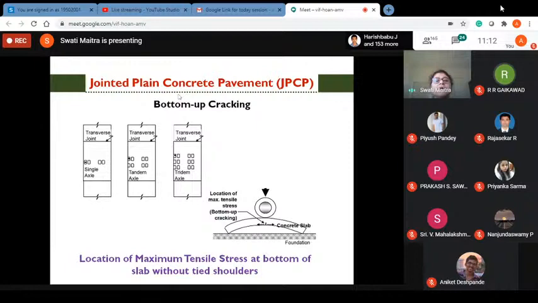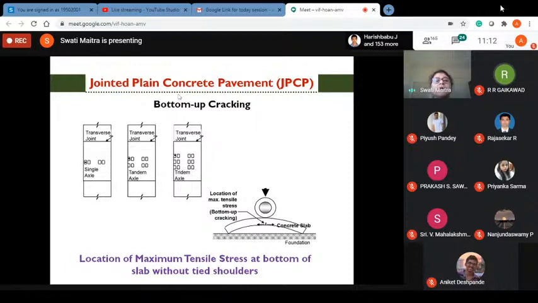And when the curling effect is coming into it, that means the slab is curled upward, in that case also the maximum tensile stress is coming at the top and middle portion. So these two effects are additive, and you can see here that the middle of the slab is the location for maximum stress.